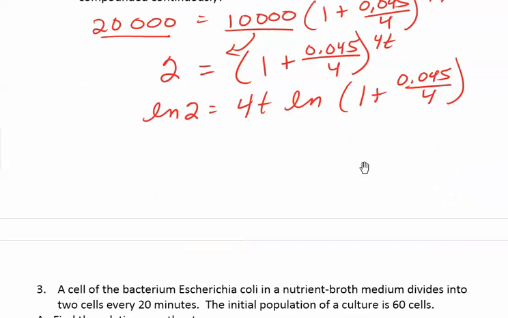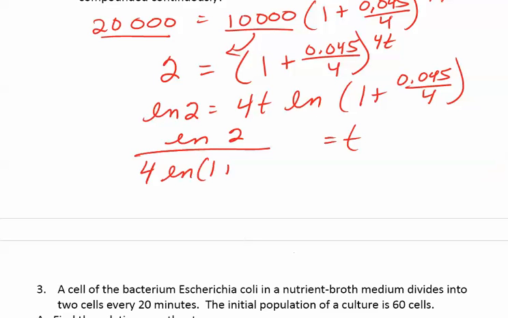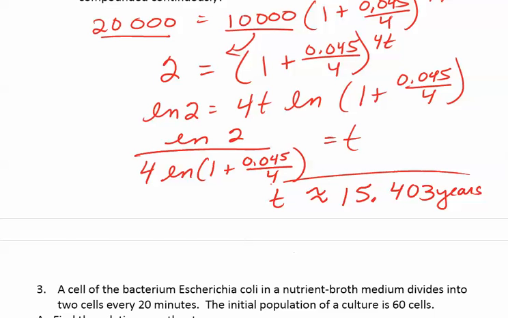And then you're going to need your calculator. Our time value, we're going to divide by these, and just be careful about order of operations. And I have t of approximately 15.403 years.